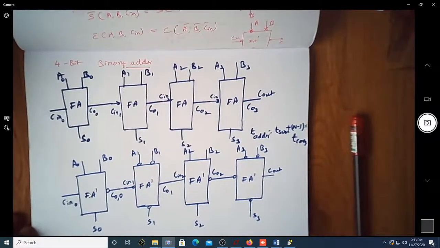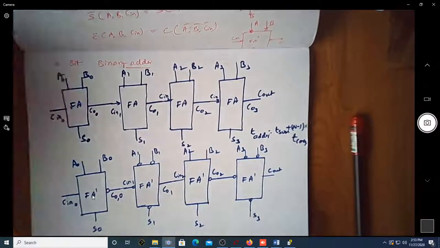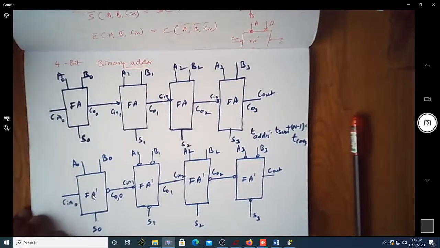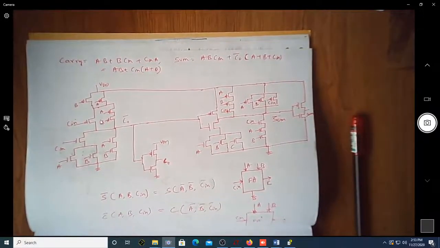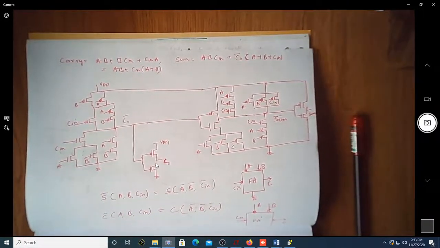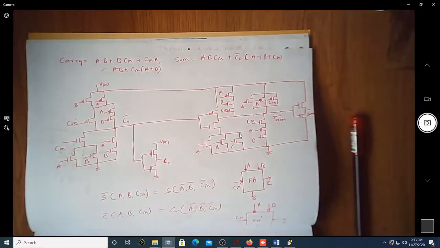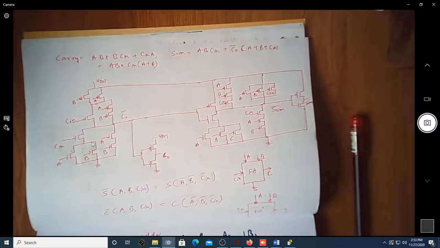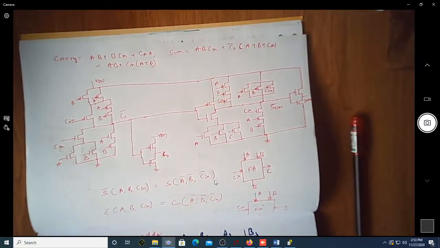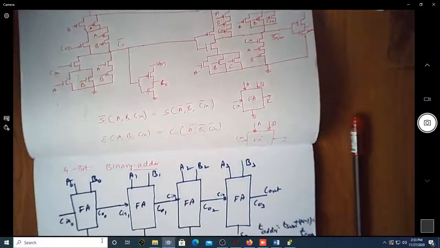See here, this is FA bar. The representation of FA bar, of course, what is this FA? This FA is this entire circuit. Whatever circuit I have written, C0 bar plus this inverter, and then sum bar with this inverter, is the entire FA. So when I say FA, all these transistors are involved in this realization.